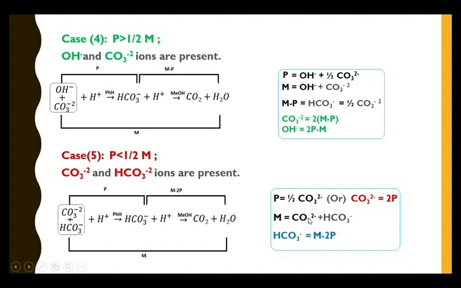When you substitute CO₃²⁻ equal to 2P, you will get M − 2P, which is equal to HCO₃⁻. So when P is less than half M, the ions present are CO₃²⁻ and HCO₃⁻, and the alkalinity due to them, in the case of CO₃²⁻, is equal to 2P, and in the case of bicarbonate, is equal to M − 2P.